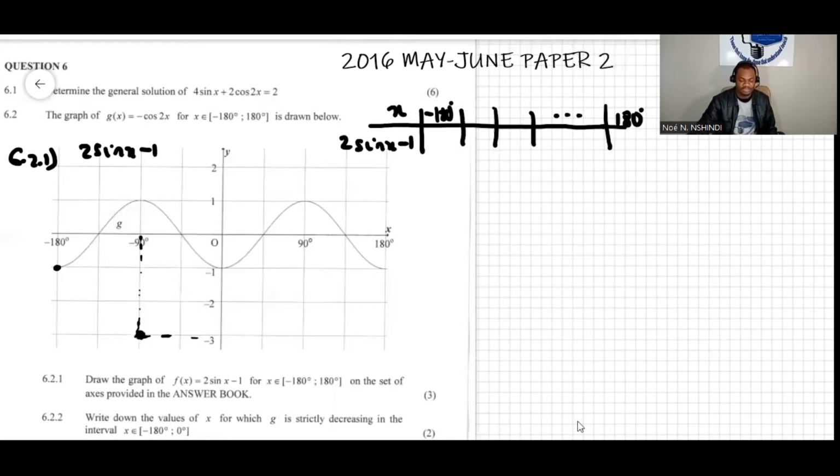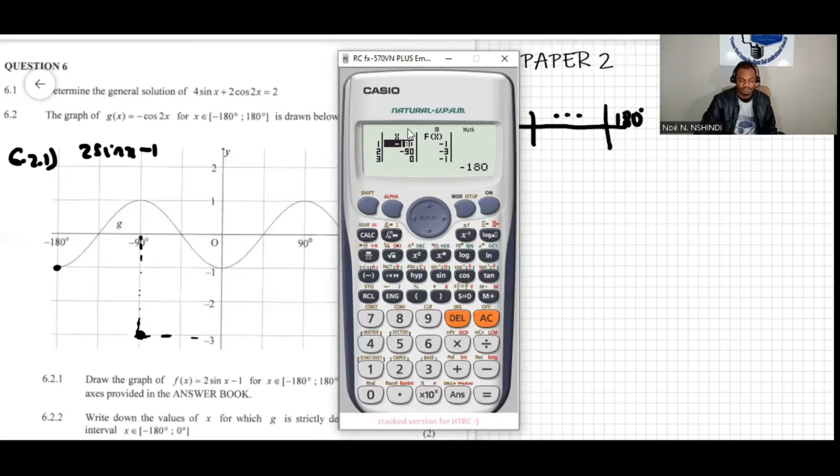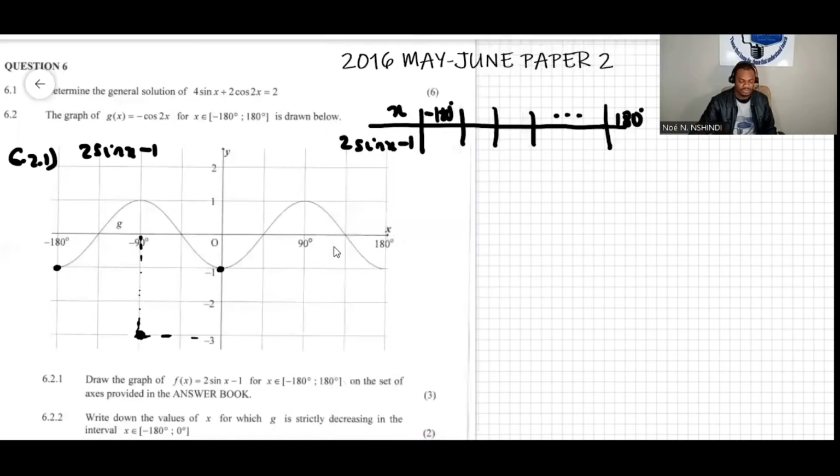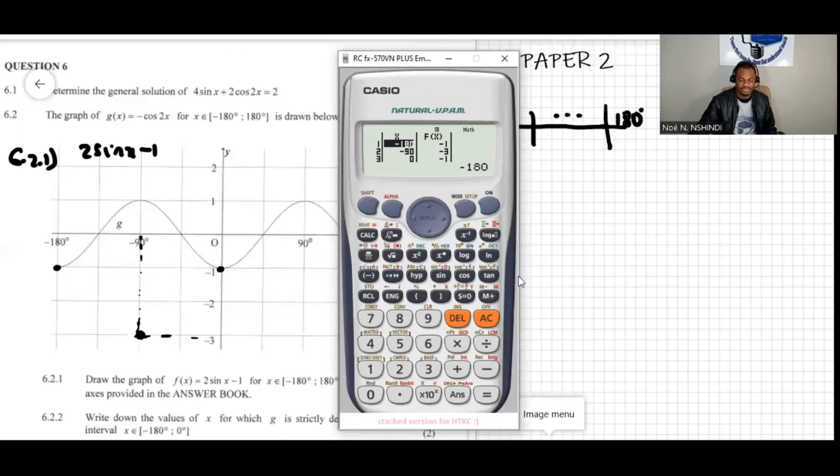When x is 0, f of x is -1. So when it's 0, -1 will be there. That's the point. And when x is 90, f of x is 1. So when it's 90, f of x is 1.